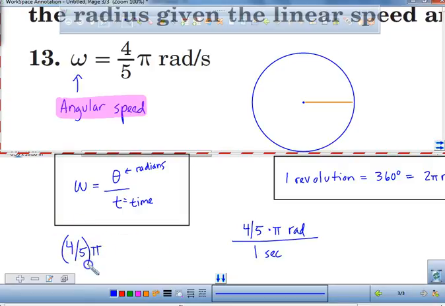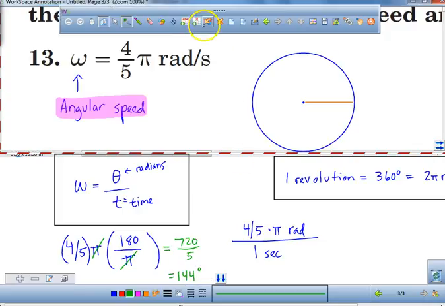If I change that to degrees, what would I have to multiply that by? I'd have to multiply by 180 over pi. So these pi's will cancel out. And in degrees, we would be left with 720 over 5, which I believe is 144 degrees.